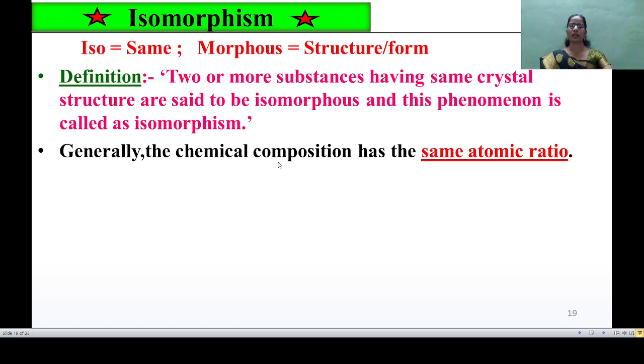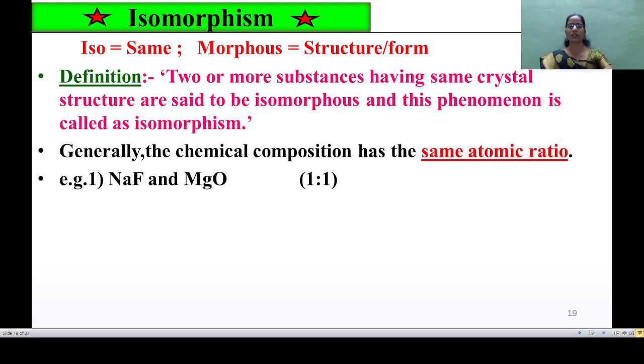Now, let's see some examples in order to understand whether the given substances are isomorphous or polymorphous. Now see the first example of sodium fluoride and magnesium oxide. Here the atomic ratio is 1:1. There is one sodium atom and one fluorine atom in sodium fluoride.